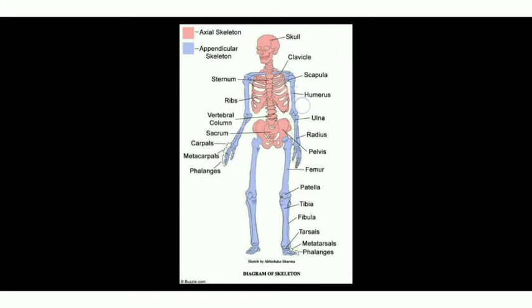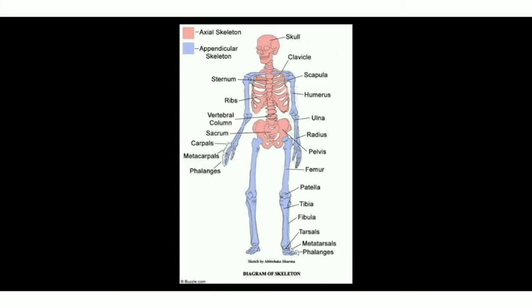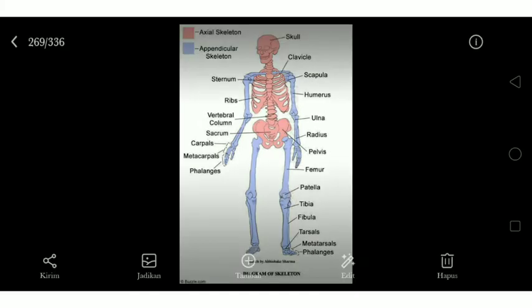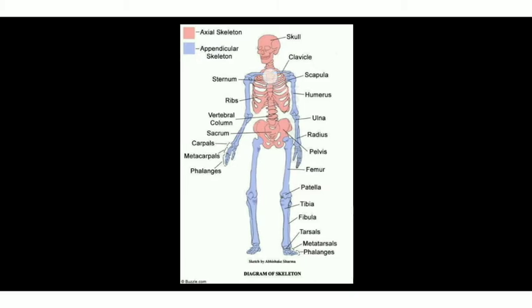This is humerus, ulna, radius, pelvis, femur, patella, tibia, fibula, tarsal, metatarsal, phalanges, sternum, ribs.